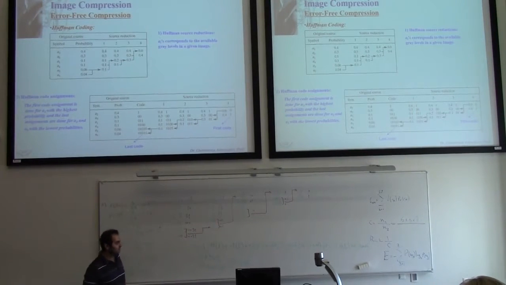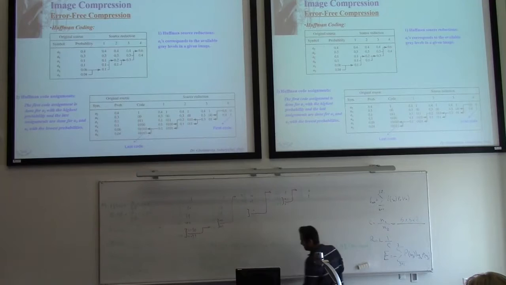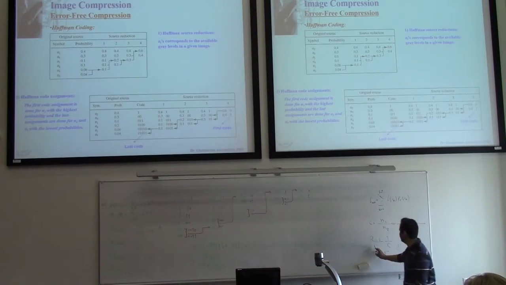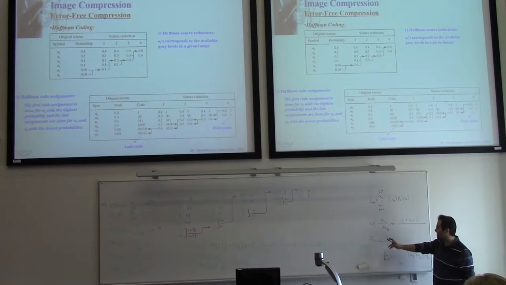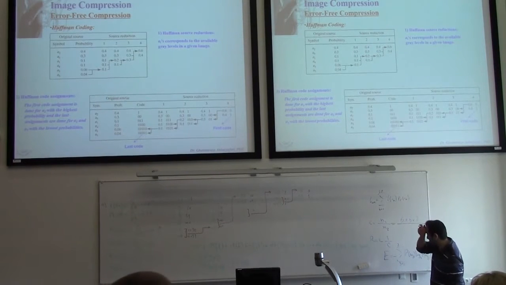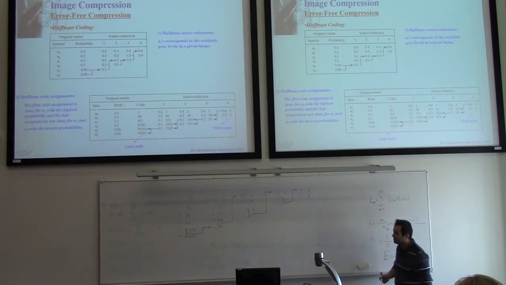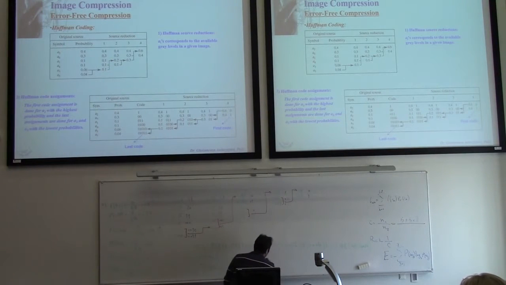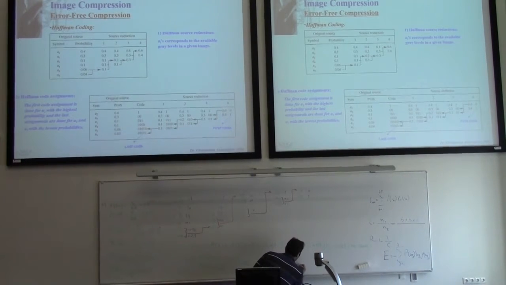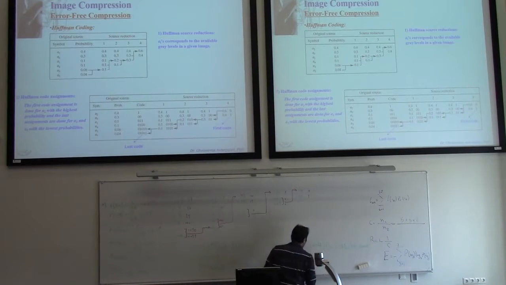The result is 3.2258. Okay? And for the data redundancy, if you want to know how much data is redundant in our image, we have to use this equation. This is the compression ratio that we have here. R is equal to 1 minus 1 over 3.2258, which is equal to 0.96.